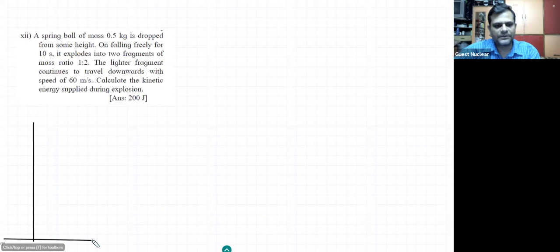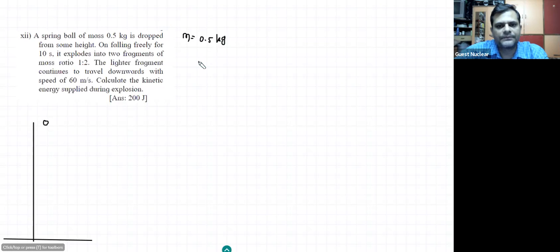That height is not given actually. We can just consider it as h or anything else. But it is given that the ball is dropped from this point, and its mass is given already, 0.5 kilogram.